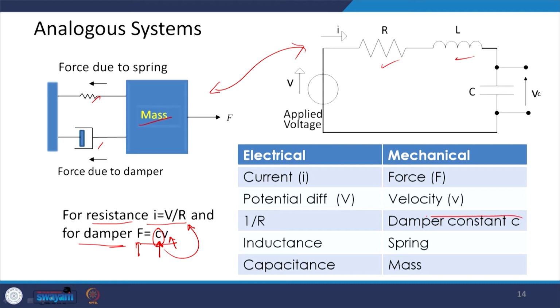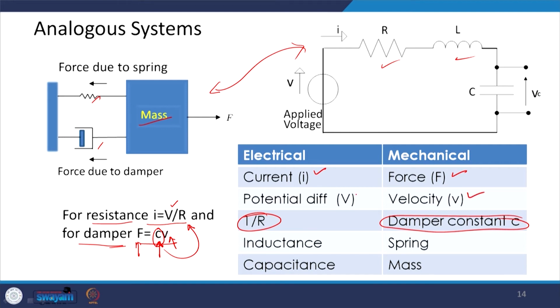So the damping constant C is analogous to 1 by R in the electrical system, and force in mechanical is analogous to current in electrical.